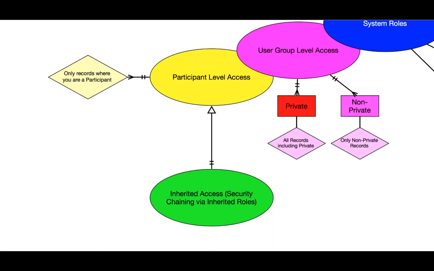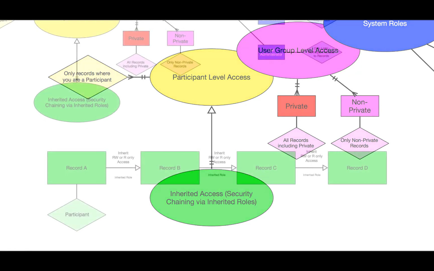The final piece to the Onit security model is the inherited access. Inherited access comes into play when a user is a participant on a parent record and we want to automatically give them access to any child records. This is used in our ELM product to give segmented work area specific access to matters.